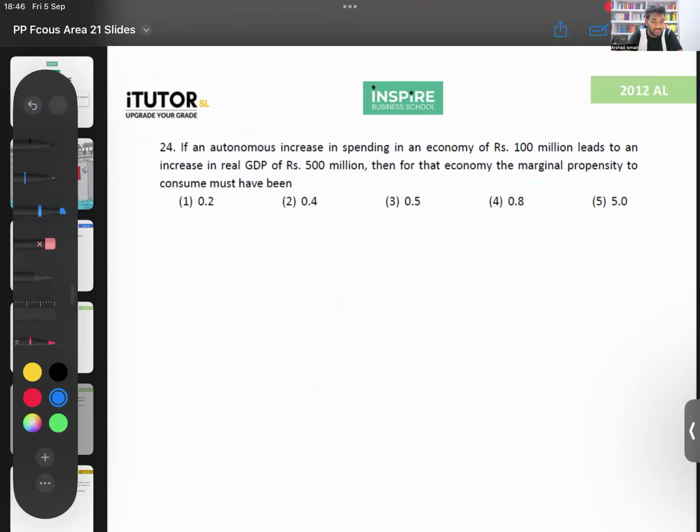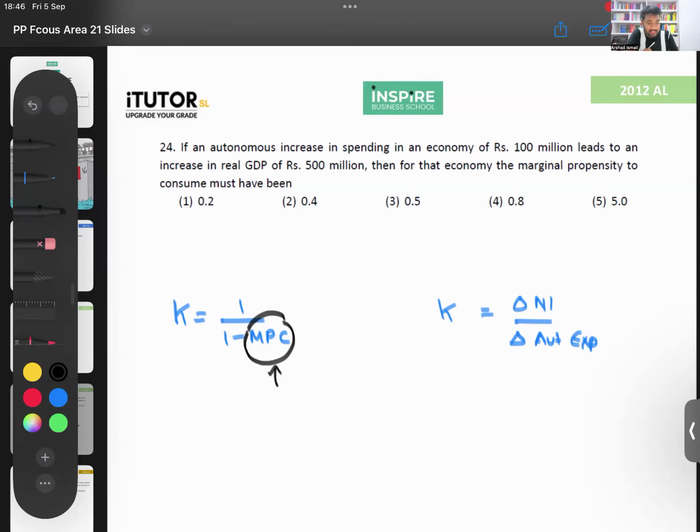One is your multiplier equation, that is 1 over 1 minus MPC. Your other equation is again your multiplier equation, that is change in national income over change in autonomous expenditure. That can be government, investment, anything. So this is what the question is asking.